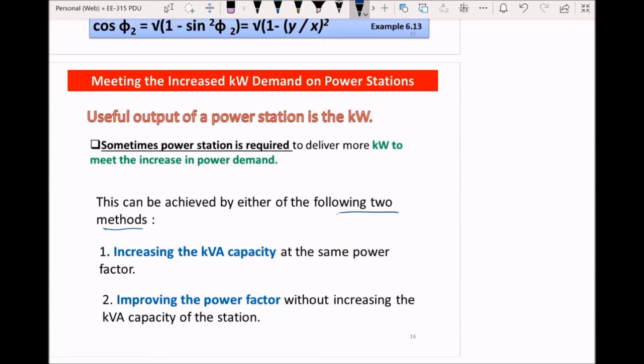We can either increase the kVA generating capacity of the power plant at the same power factor, or improve the power factor of the system such that the required kilowatt, or the required active power, can be supplied by the same power station. If I represent the whole idea in the form of a figure, it will look like this.